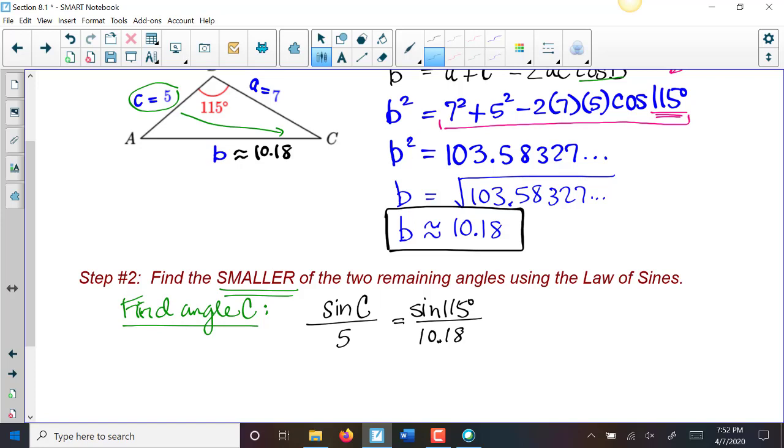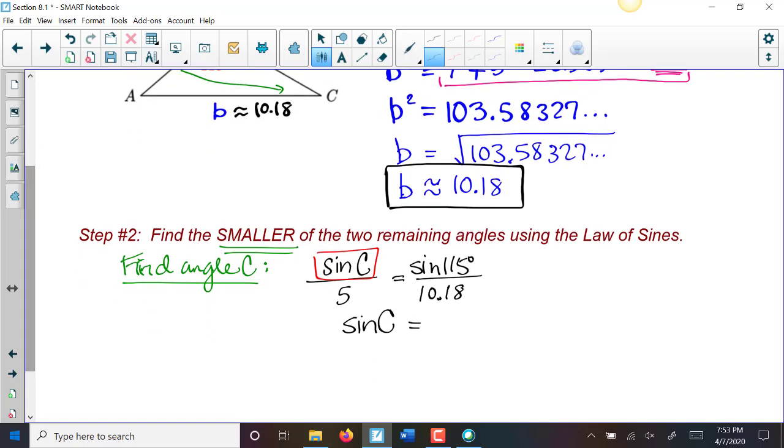Okay, so what are we going to do? We're going to solve for sine of C. So I want sine of C all by itself, and then I can find what C is using my calculator. So I'm going to then cross multiply and divide, or multiply both sides by 5. Maybe I should put that in parentheses, so I could write it out here. That's why I put it in parentheses.